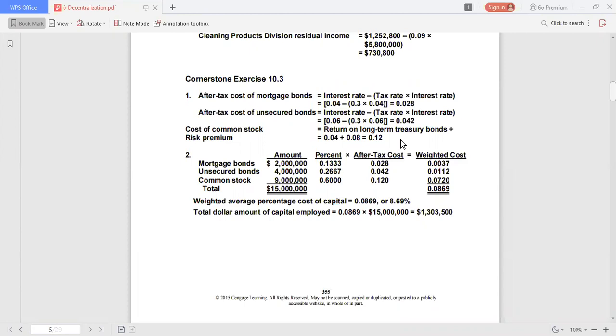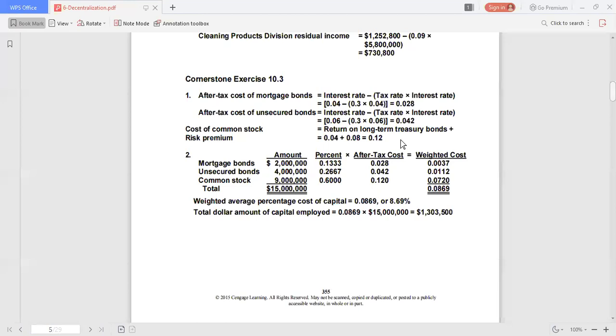Now, the after-tax cost of the unsecured bonds. The unsecured bonds amounted to 4 million. So, we have the interest rate of the unsecured bonds equal to 6%. And then we multiply the interest rate of 6% by the income tax rate of 30%.